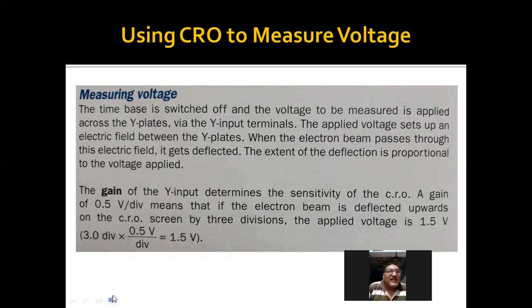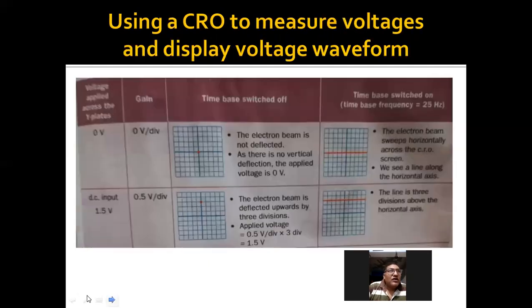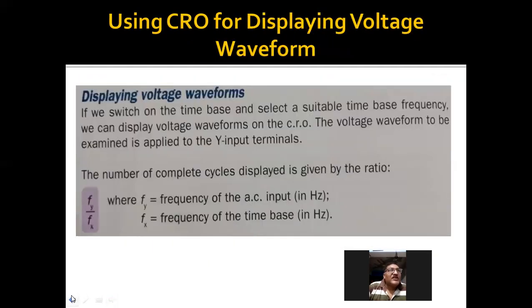I have already explained that to you. Another use of the CRO is to make the waveform of the voltage on the screen of the CRO. That's the second use. The first use is measuring the voltage, which we have already discussed. The second is to display the waveform of the voltage which you have connected to the Y inputs on the screen of the CRO.